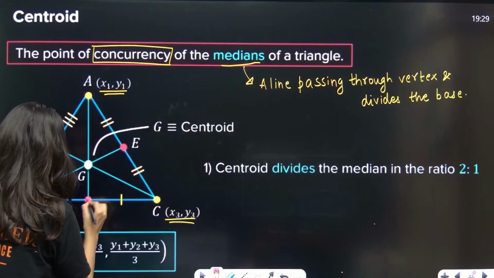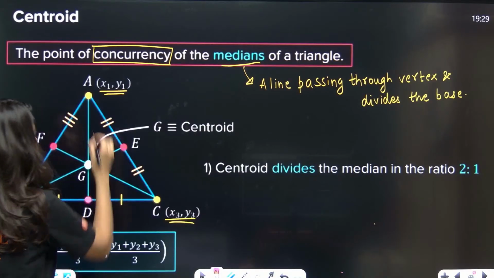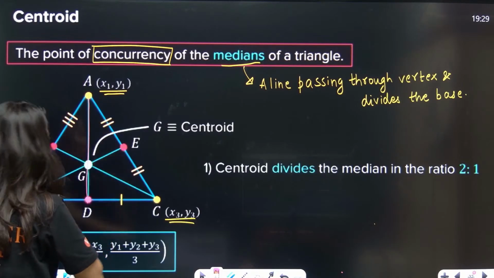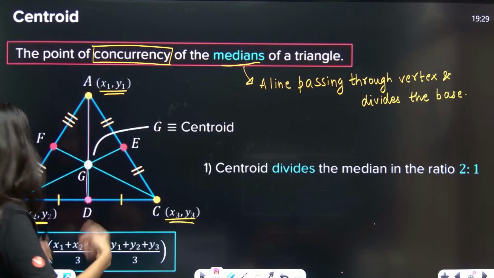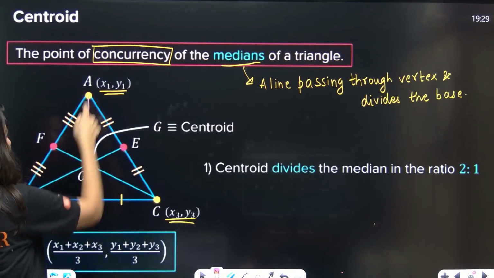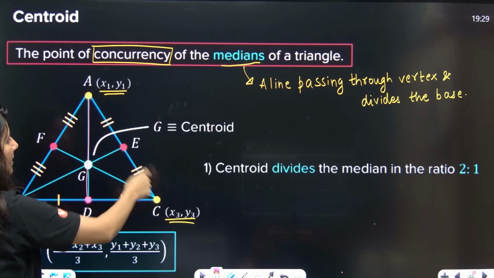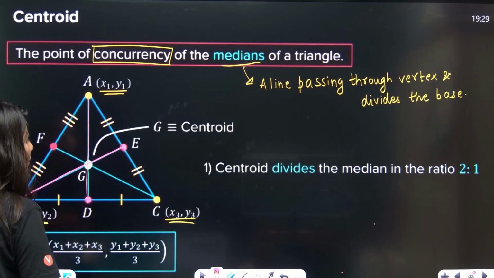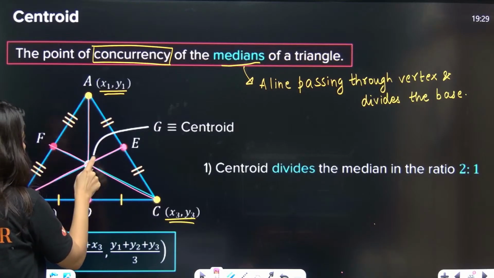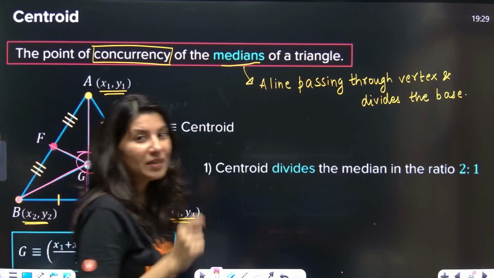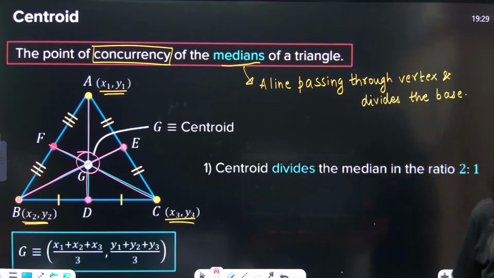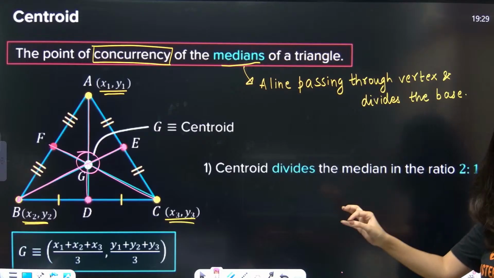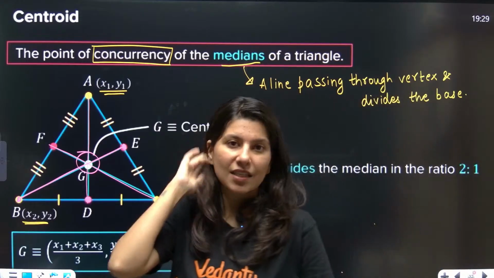So now I have to join A and D together. So AD is going to be a median. Similarly, if I choose B point and AC being the base, E being the midpoint, so BE is also a median. Similarly, CF is a median, and the meeting point of all the 3 medians is nothing but G. G over here is nothing but centroid.